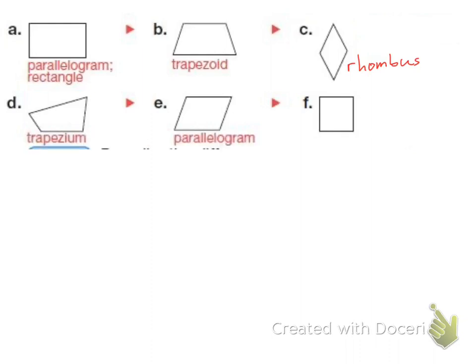E is a parallelogram. And F could be a square. We call this one a square. We could call this a rhombus, or we could even call it a rectangle. But its most common name is a square.